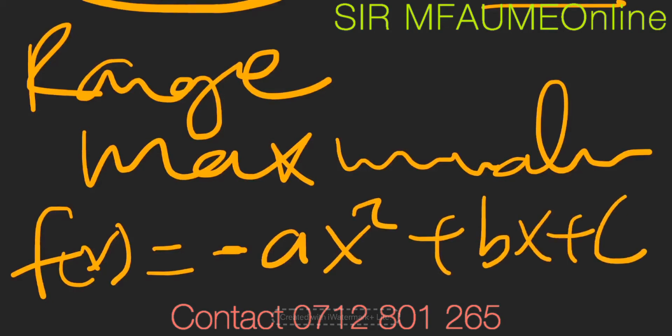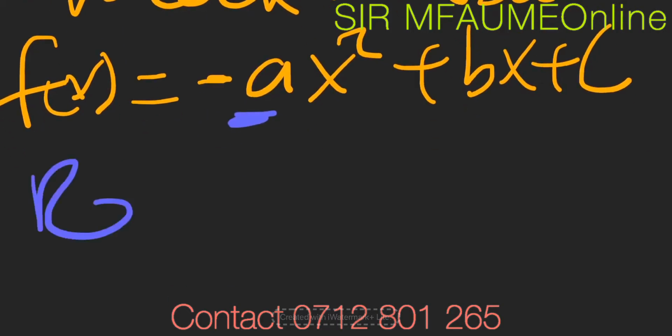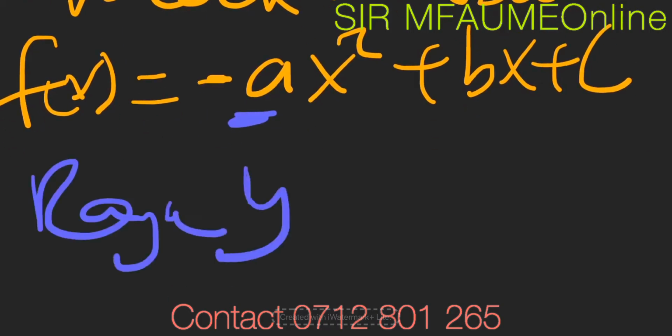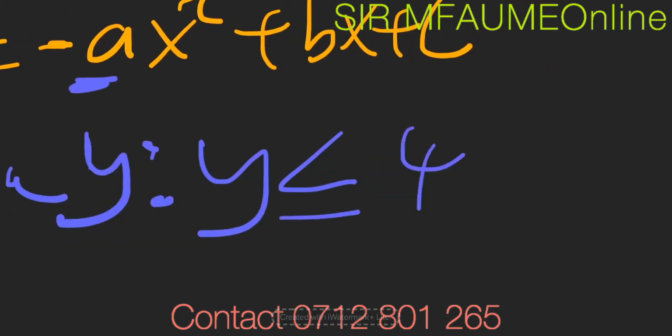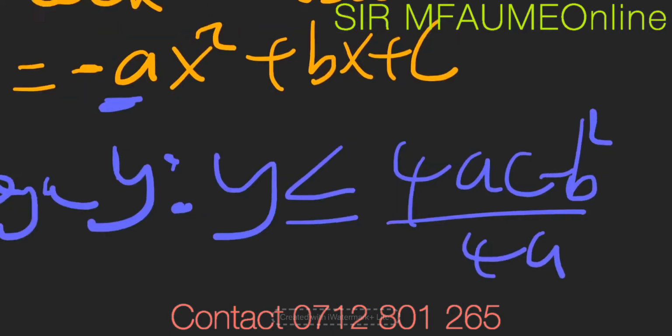This negative shows this is a maximum value, and because this is a maximum value, its range must be y such that y is less than or equal to 4ac minus b squared divided by 4a.